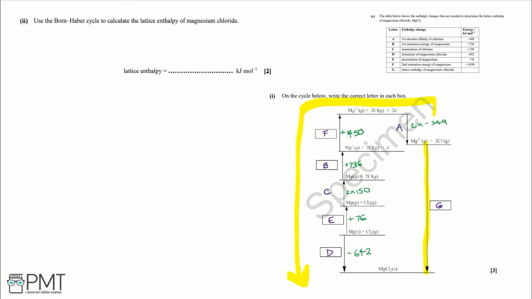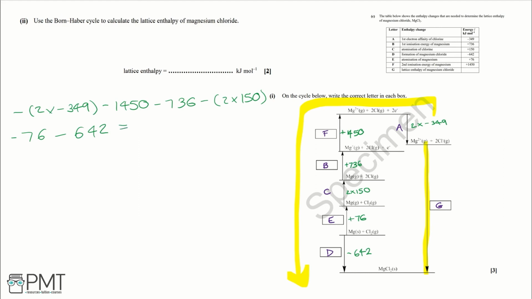So for example, we're going to have minus 2 times minus 349, minus 1450, minus 736, minus 2 times 150, and then minus 76, minus 642. We've kept the minus 642 because it's going in the right direction.